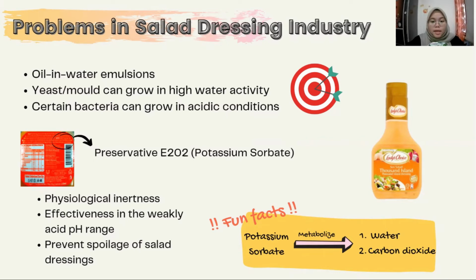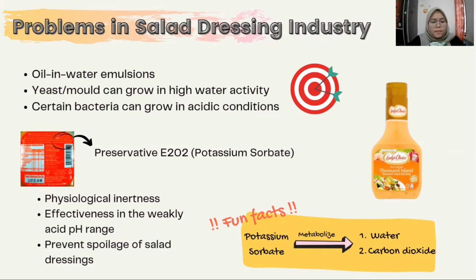For example, the pH range of salad dressing is 2.4 to 4.4, which will attract acidophiles to survive in acidic conditions. Hence, the target pH value depends on the level of other inhibitory factors such as water activity and the presence of preservative in order to prevent spoilage of salad dressing.